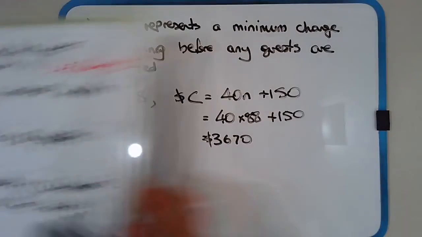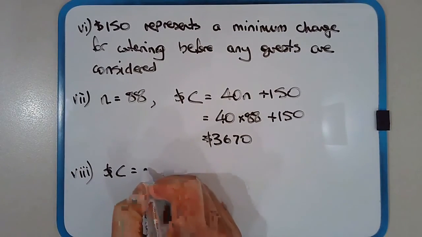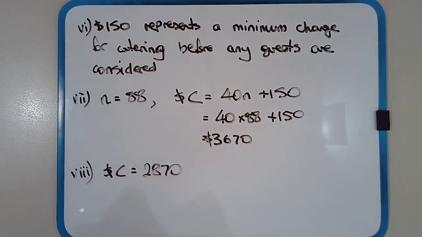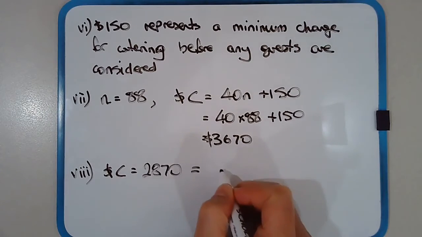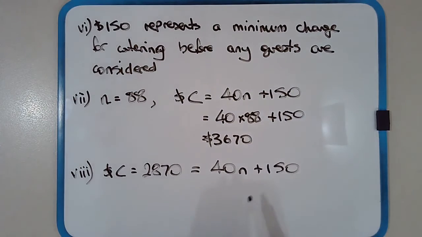So we've got a charge here of 2870, and that's equal to 40n plus 150. We need to solve for n. We need to know what value of n, when we substitute it into the equation, will give us a charge of $2,870.